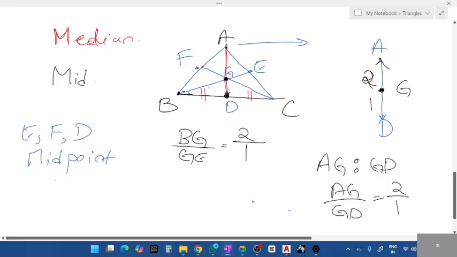Okay, so only this part will be somewhat boring. Next one. In FC, tell me the value of CG, students. What is the ratio between CG and GF? The ratio will be 2 divided by 1.